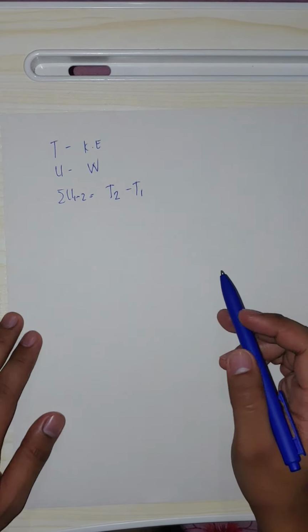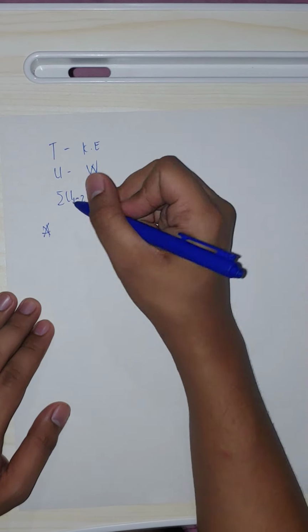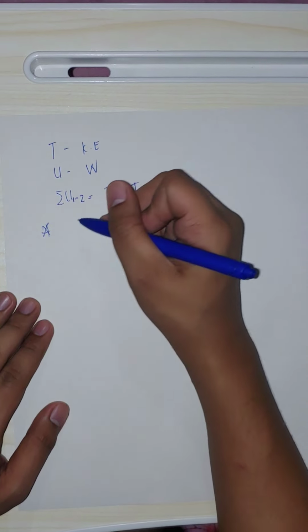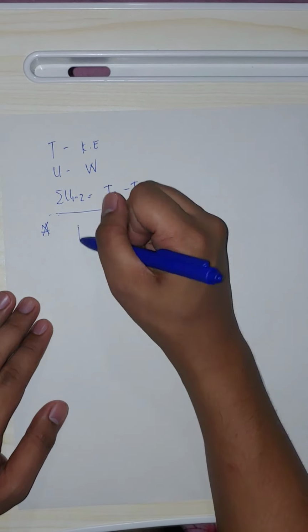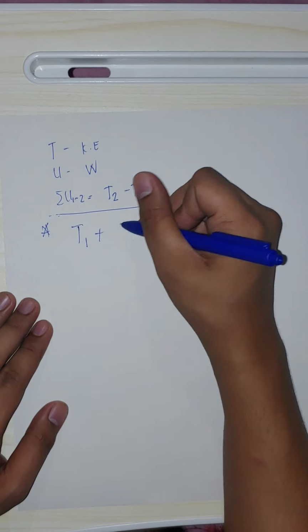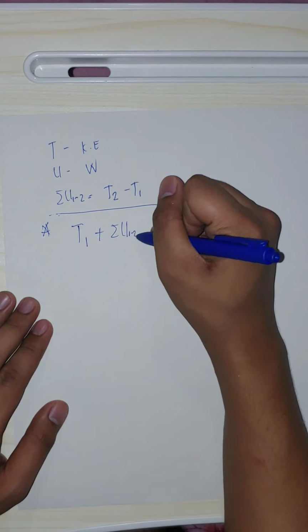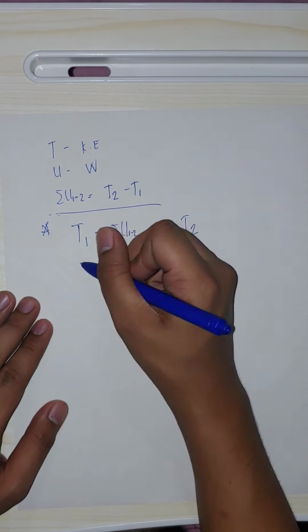Okay, it is important to remember this formula. The total work done or total energy that happens on a particle from the work energy relationship is the initial kinetic energy plus the total work done on a particle is just equal to the final kinetic energy.